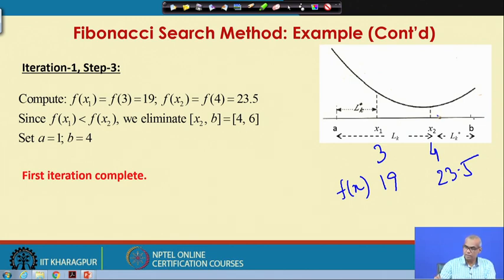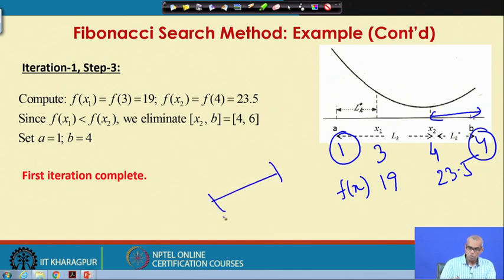So, definitely we can eliminate the region x 2 to b. The minimum cannot lie on the right hand side of x 2 because f of x 1 is less than f of x 2. So, now we will set a equal to 1 and b equal to 4. So, my interval from 1 to 6 now reduces to 1 to 4. So, first iteration is complete.